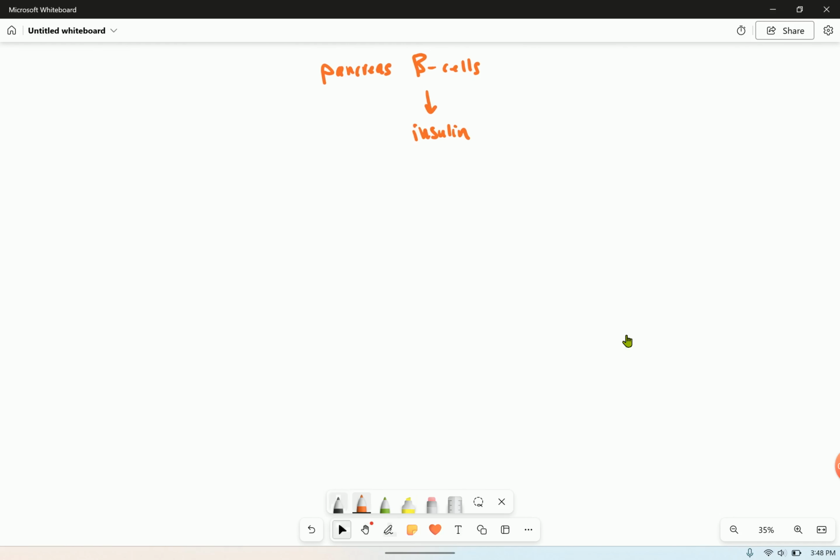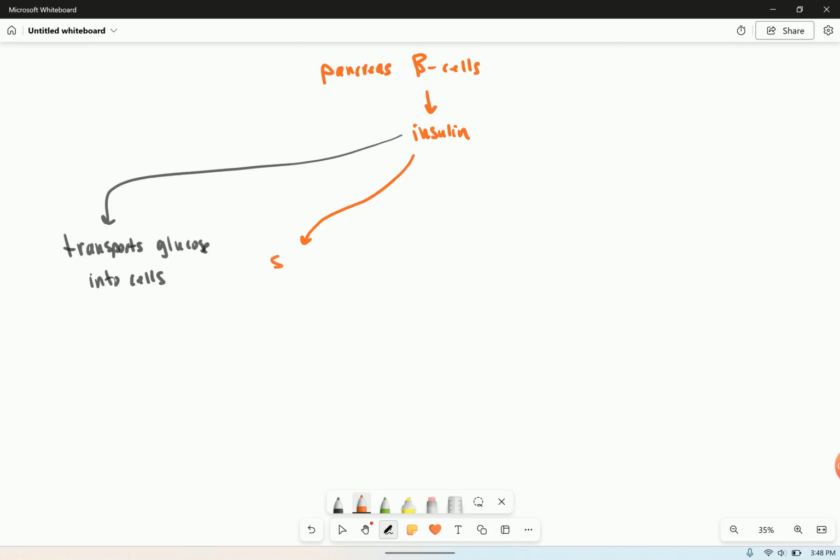Insulin has a lot of functions. On one hand, it transports glucose into the cells. It stores glucose in the liver and muscles.